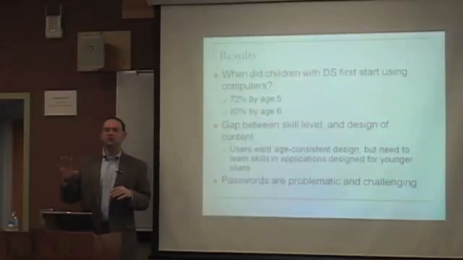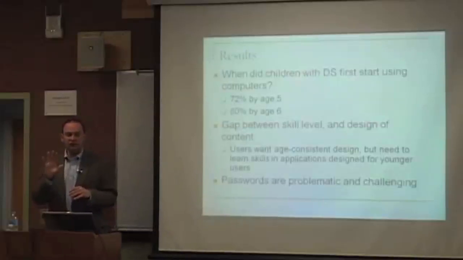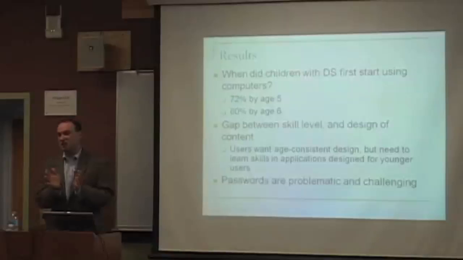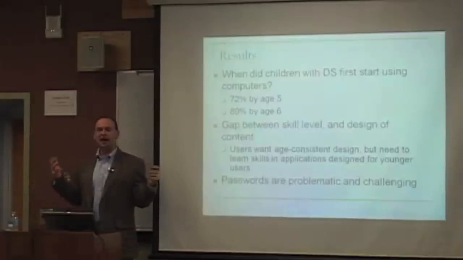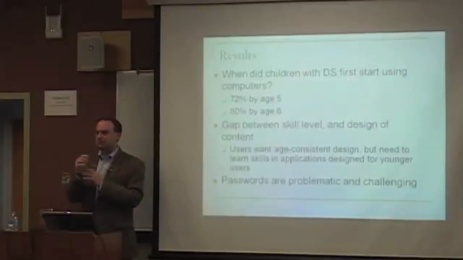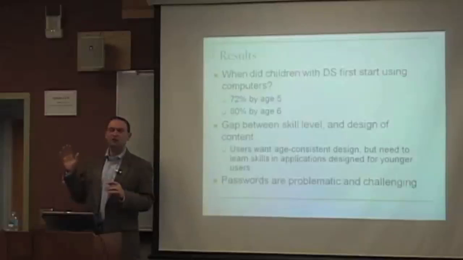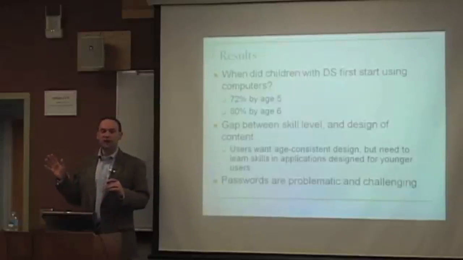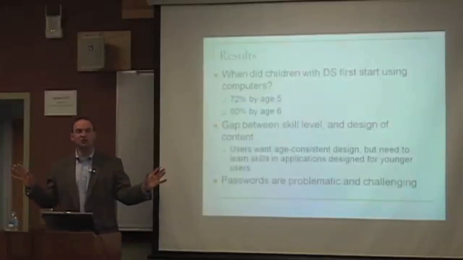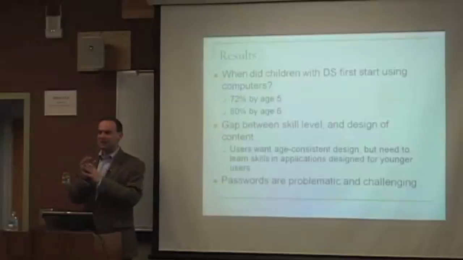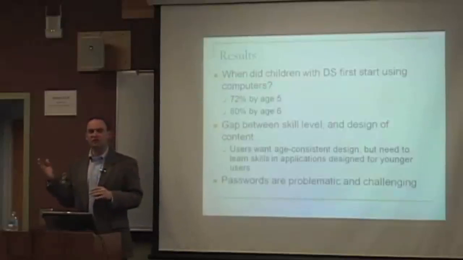We found that most of the children had already started using technology and computers by age 5 or 6, over 80% by age 6. But there was a fascinating gap between the skills they needed to learn and the design approach. Imagine an application designed for a 9-year-old, with the aesthetics of a 9-year-old, teaching the skills a 9-year-old would need to learn.